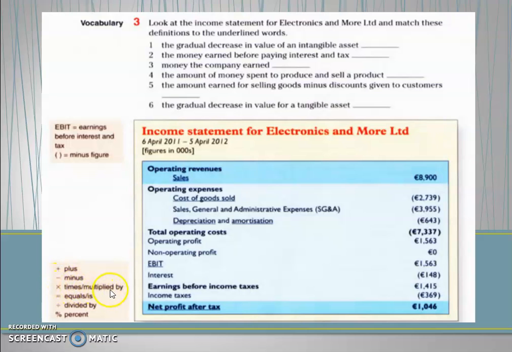Times, or you can say multiplied by, this one. And equals, or is, equals. This one is divided by. And this one is percent. I've noticed that some students say percentage, but this one is only percent. Okay? So this is how to do your first task.